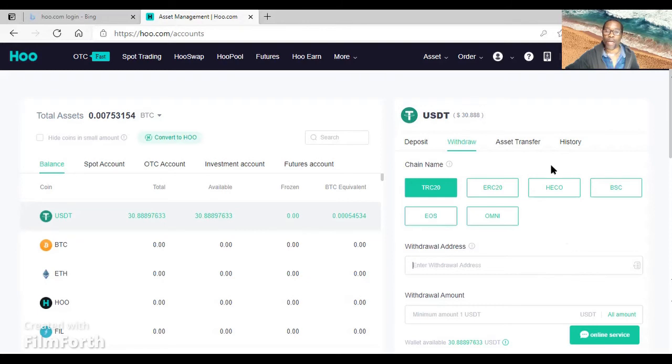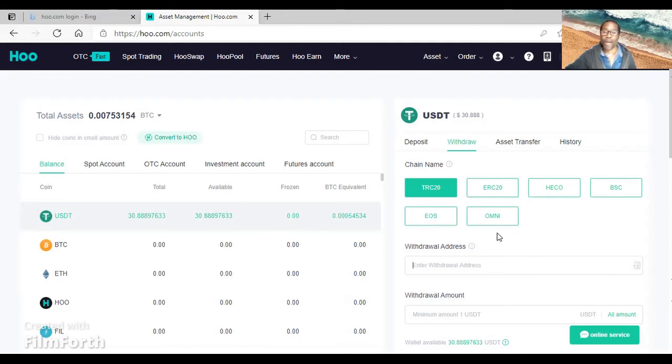As you can see, you have these networks. You have TRC for the Tron network. You have ERC for Ether. The three basic ones that we normally use, and the Omni, which is on the BTC blockchain. So these are the networks.